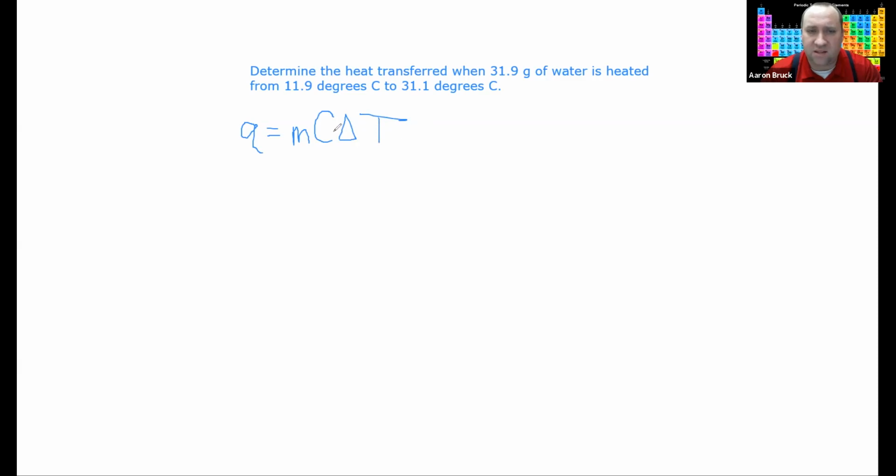In this case, our value of C, since we are dealing with water, is 4.184 joules per gram degree Celsius. So every single substance has its own specific heat value.